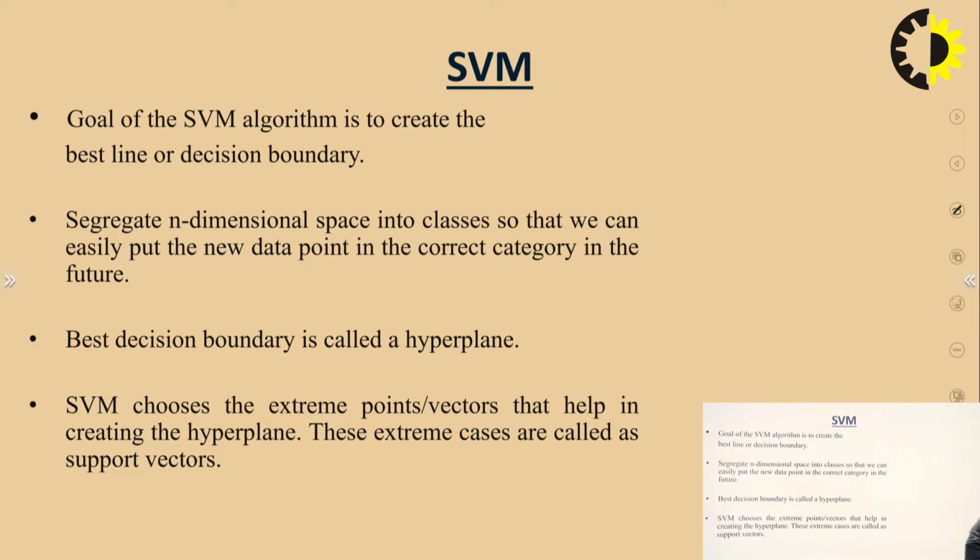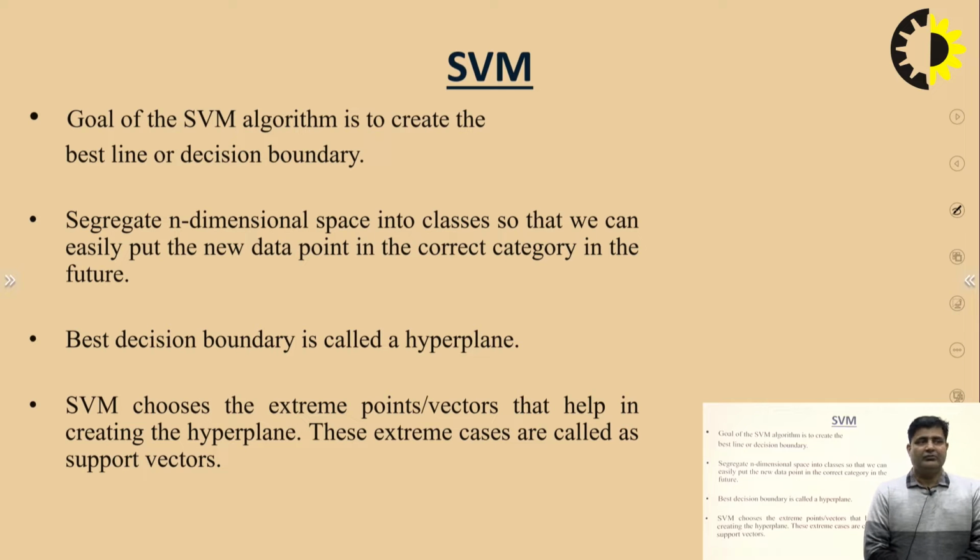Now the main purpose of the SVM algorithm is to find the decision line, the best fit line, to divide the problem. For example, we give an input, and on the basis of the decision line, the model will classify the class of the input data.